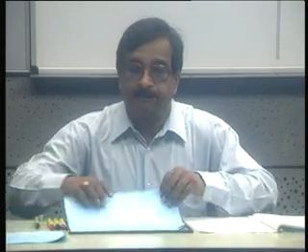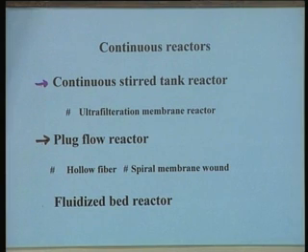Then if you come back to your continuous reactors, the second category is plug flow reactors. Of course, plug flow reactors, or in a much broader sense packed bed reactors, are probably one of the most commonly used types of reactors in immobilized enzyme applications.